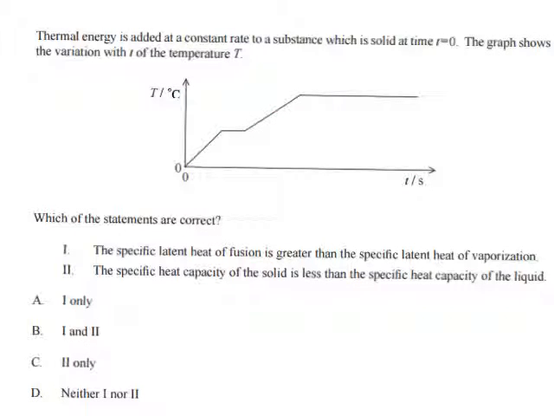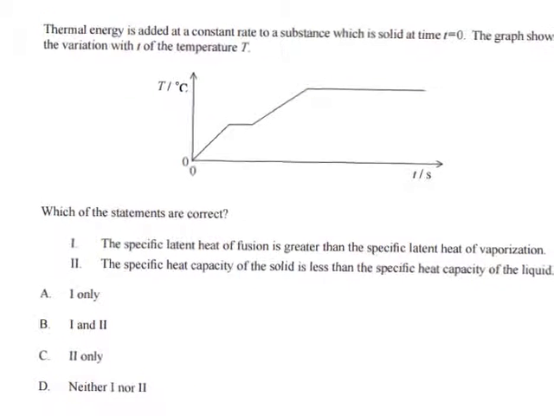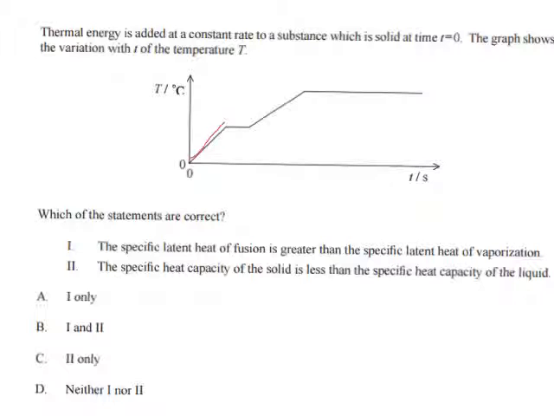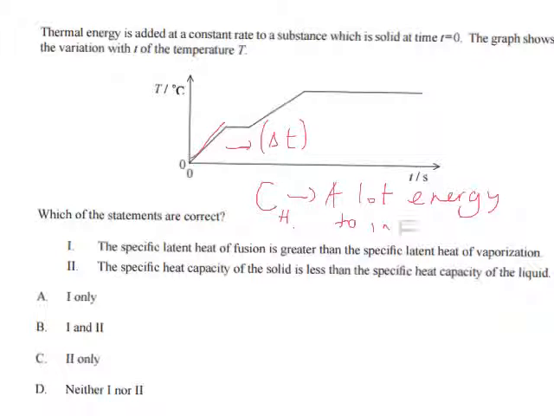How can we tell from the graph? Well, the increase in temperature per second is telling you how much hotter it's getting. So how many degrees per second it's increasing by. If you have a substance that has a very high specific heat capacity, that means it needs a lot. Okay, so if the specific heat capacity is high, it needs a lot of energy to increase the temperature.